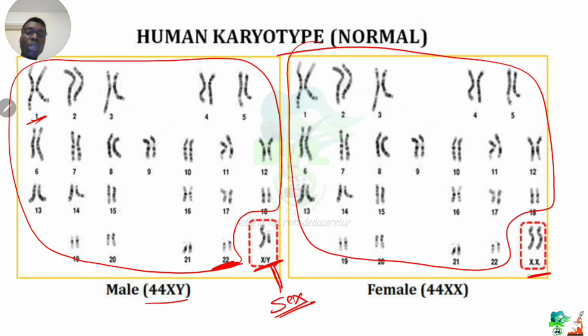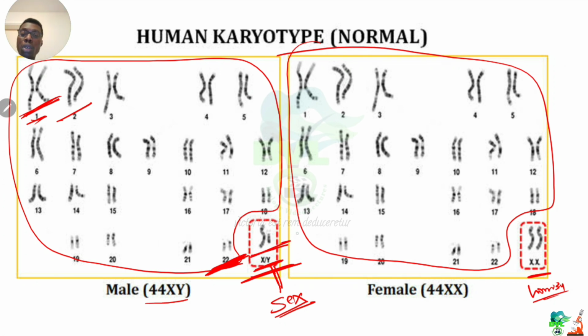This is very important. Females are basically homozygous, because their chromosomes are identical, the same, while the males are heterozygous. Because this is a normal body cell, not a reproductive cell. Why do I say that? Because it's in pairs. If you count, this is pair 1, pair 2, till pair 22, then that's going to be pair 23.